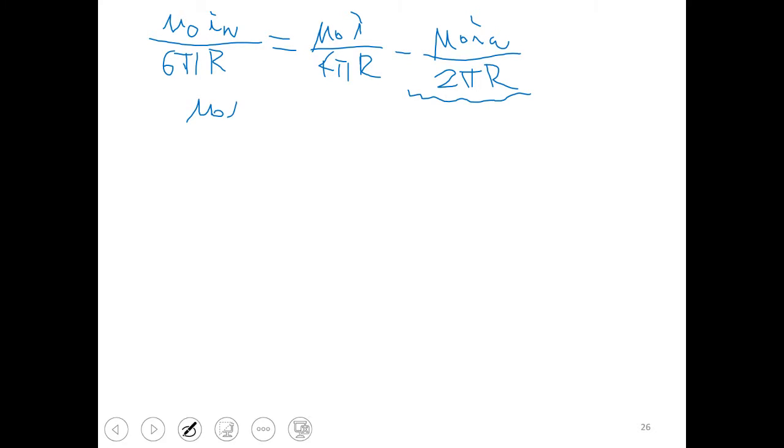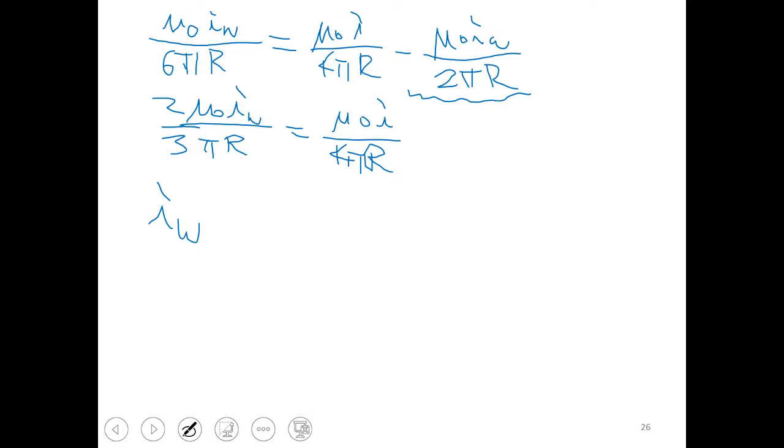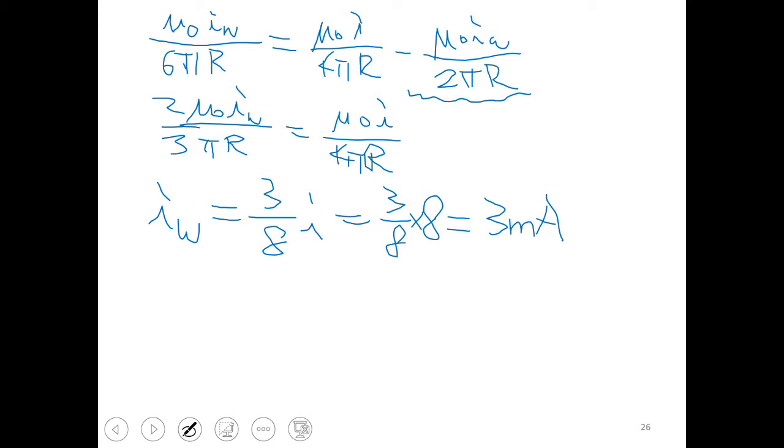Then we have mu_0 I_W times 2/3 pi R equals mu_0 I over 4 pi R. Then we just cancel the common factor. Then we know that I_W equals 3/8 I. Actually, it is 8. So I_W should be 3I over 8.